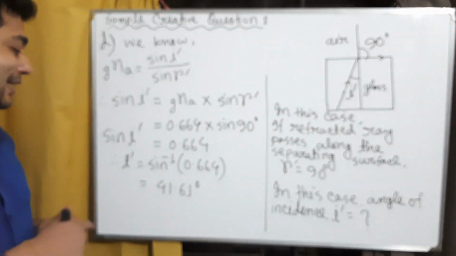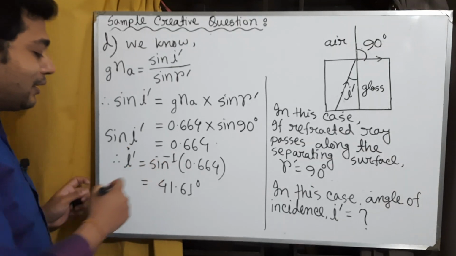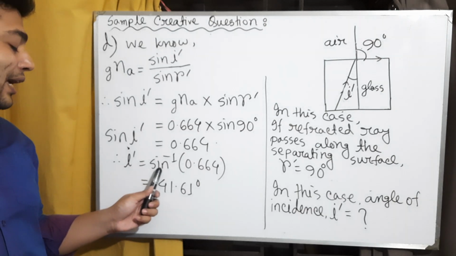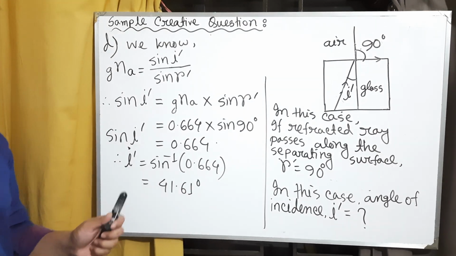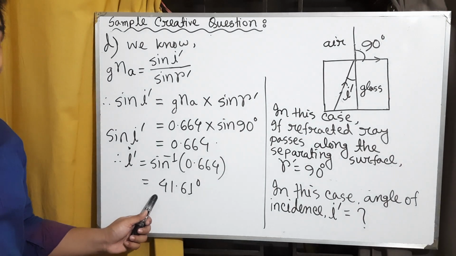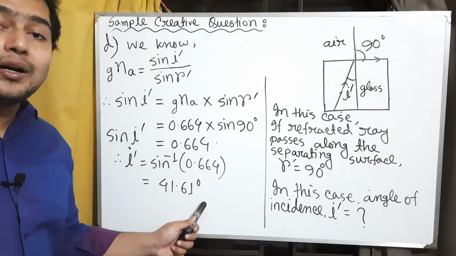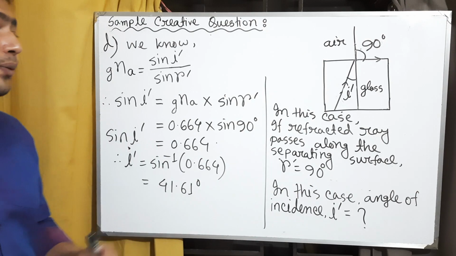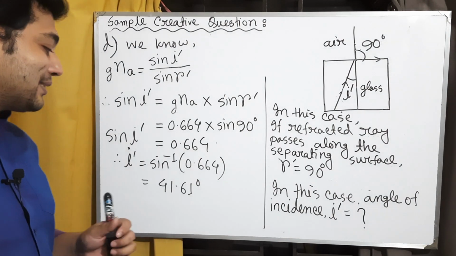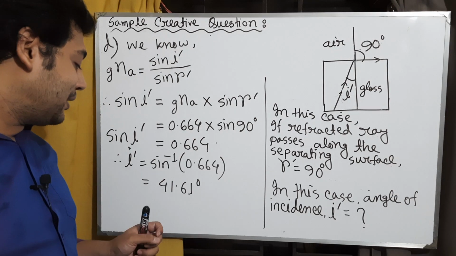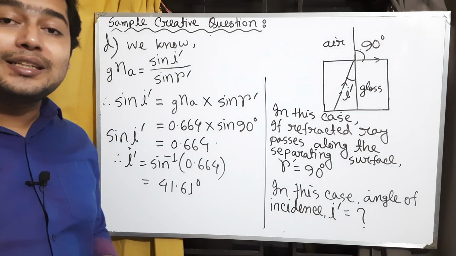So the incident angle I prime equals the inverse sine of this value, and after calculating we get 41.61 degrees.